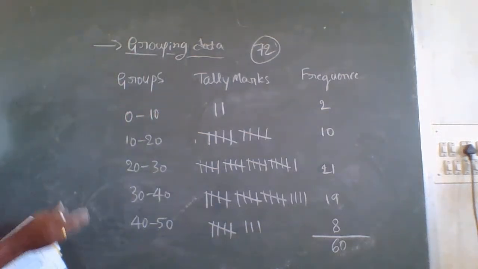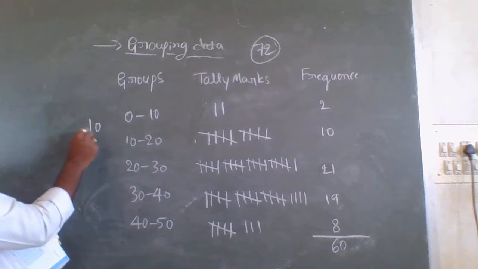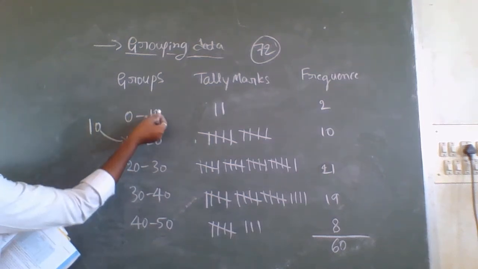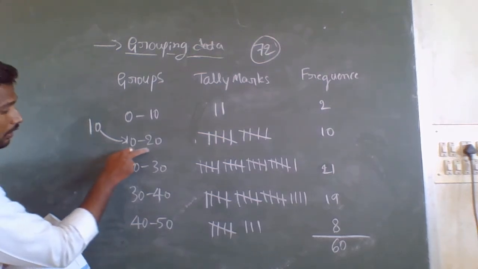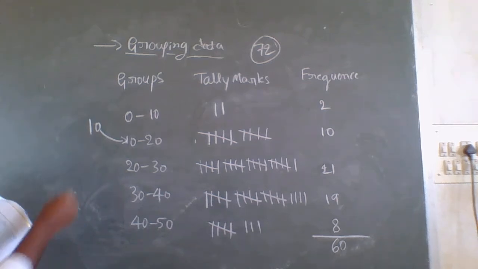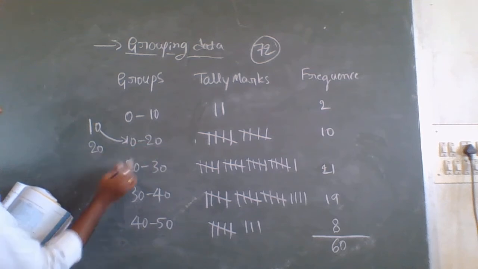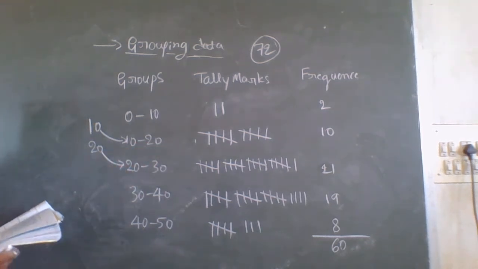If one student got 10 marks, then this 10 should belong to 10 to 20, not to 0 to 10. Similarly, if one student got 20 marks, where should it be, 10 to 20 or 20 to 30? It should be in 20 to 30.